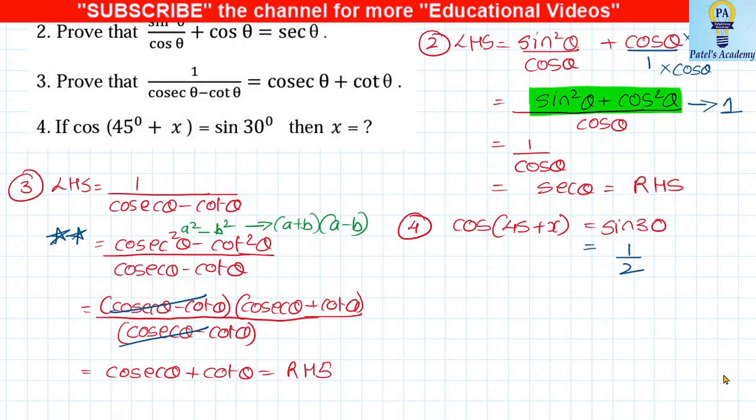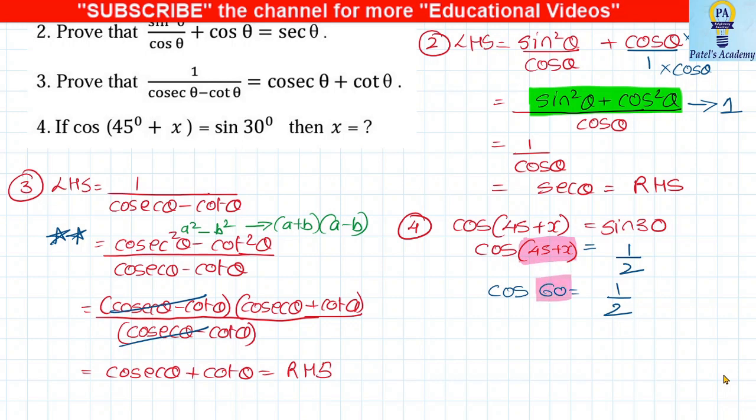Okay, so what I get is cos 45 plus x equals half. Now again from the table, if you see cos of which angle is half, you will see that cos 60 is half. Cos 60 is nothing but equal to half. So can I equate the angles?